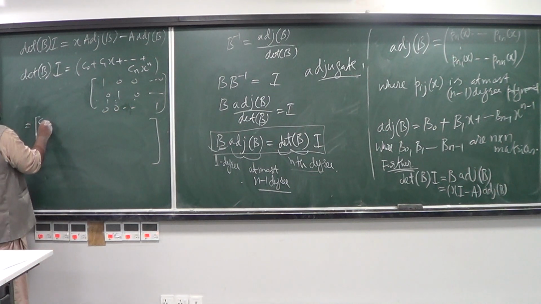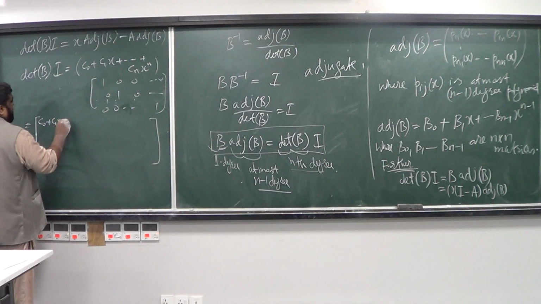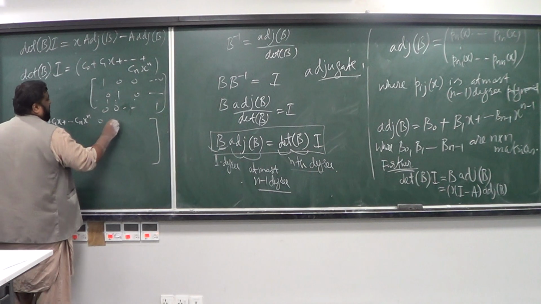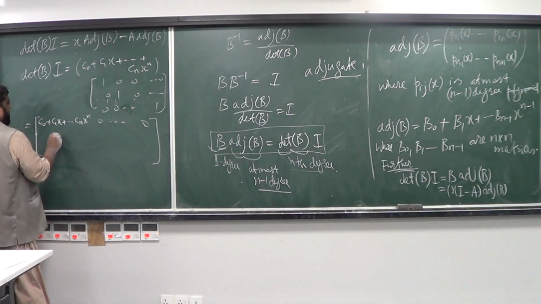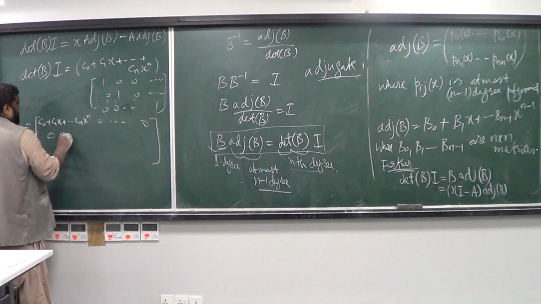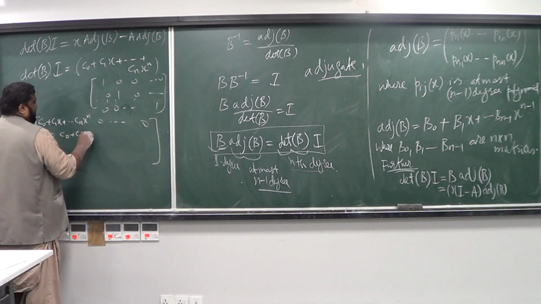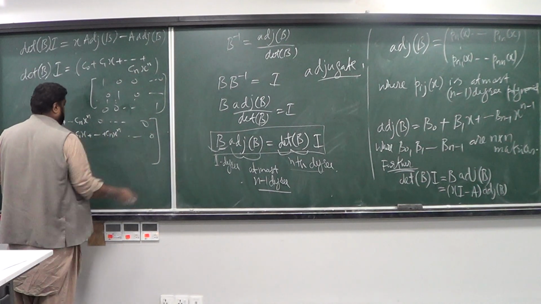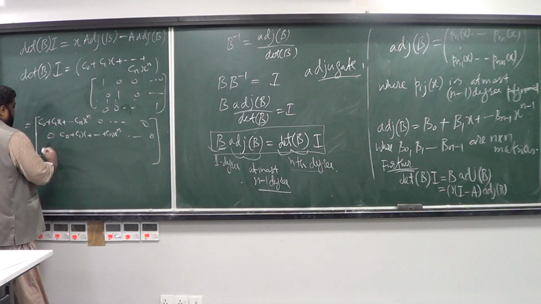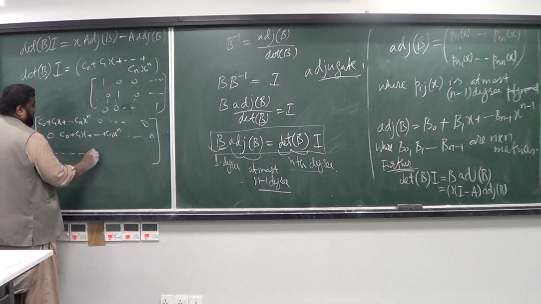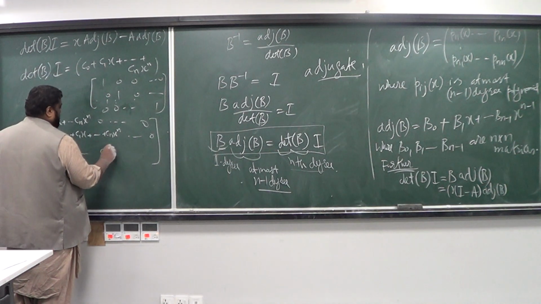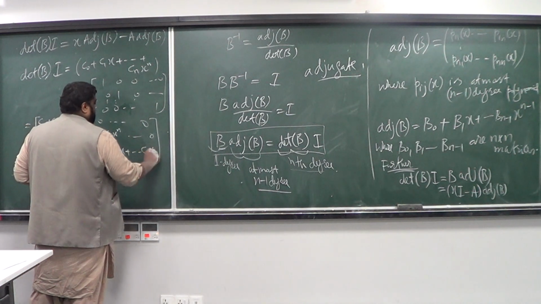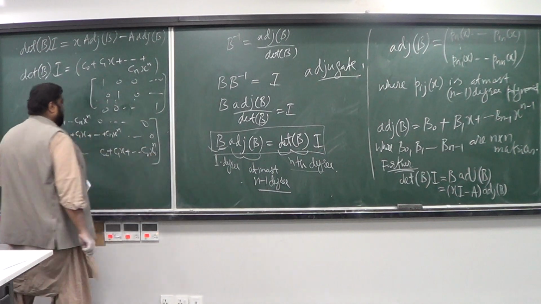So it's going to be C0 plus C1x plus so on and so forth, Cn x power n, 0, 0, and then 0 again C naught plus C1 x plus so on and so forth, Cn x power n, and so on, 0, 0, 0, 0, and the last term is going to be C naught plus C1 x plus Cn x power n actually. This is what you're going to get.